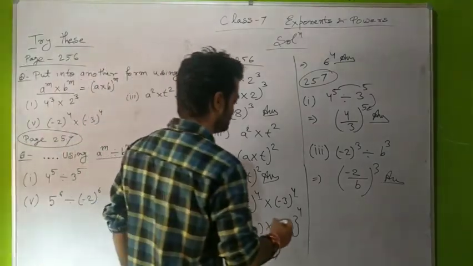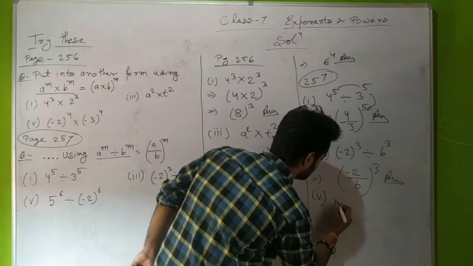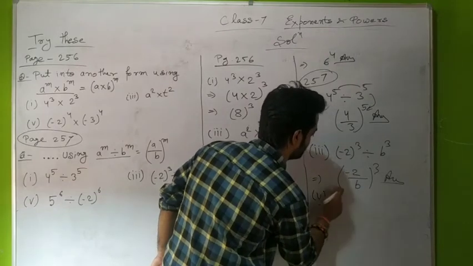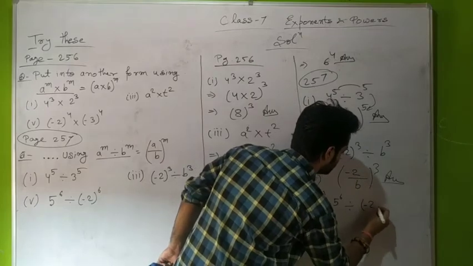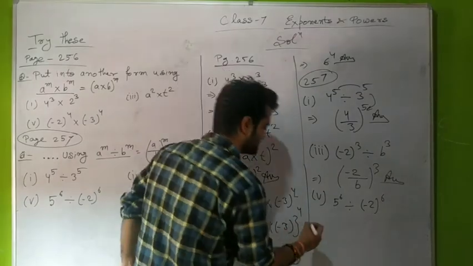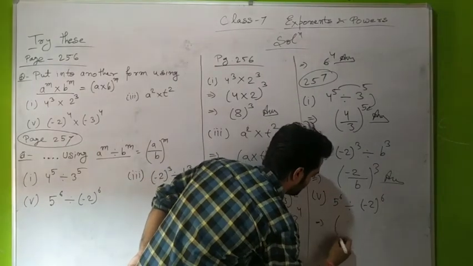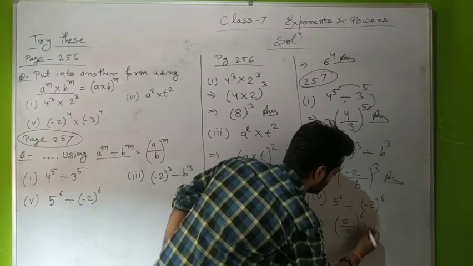The fifth question is 5 raised to the power 6 divided by minus 2 raised to the power 6. So it can be written as 5 upon minus 2 raised to the power 6.